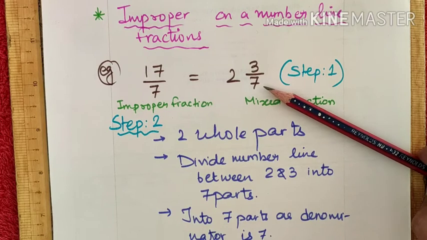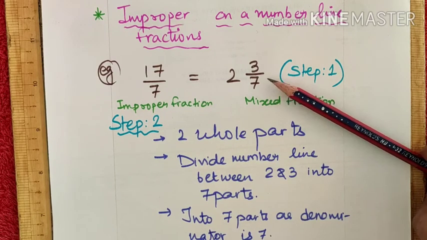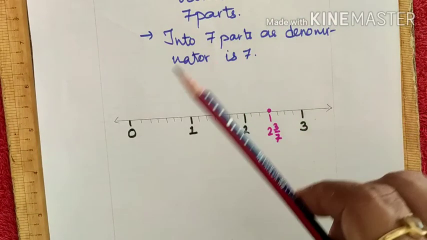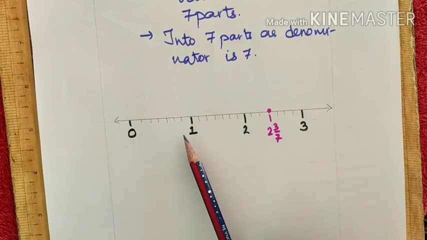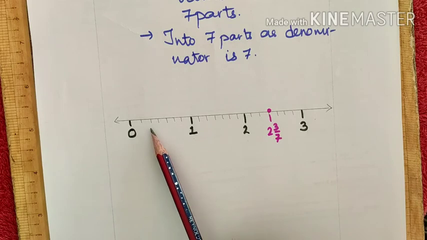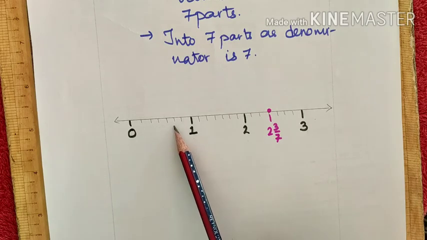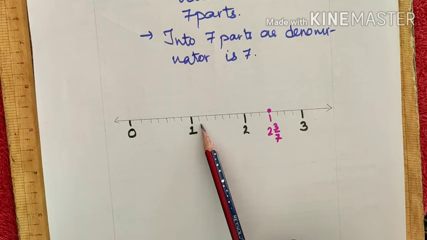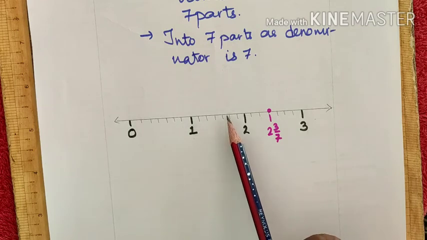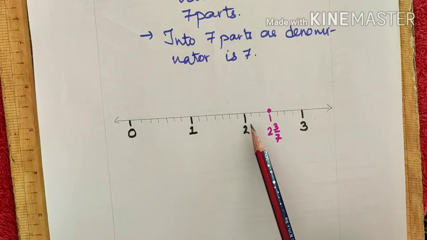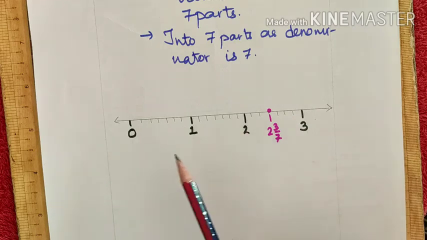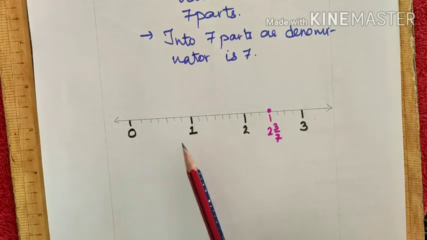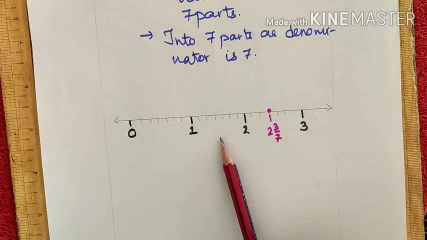So we will divide the number line from 0 to 1, 1 to 2, 2 to 3 and so on into 7 equal parts. So 0 to 1: first part, second, third, fourth, fifth, sixth and the seventh part. Similarly between 1 and 2: 1, 2, 3, 4, 5, 6 and 7 parts. So I have divided the number line from 0 to 3 first. Between each number there are 7 divisions.